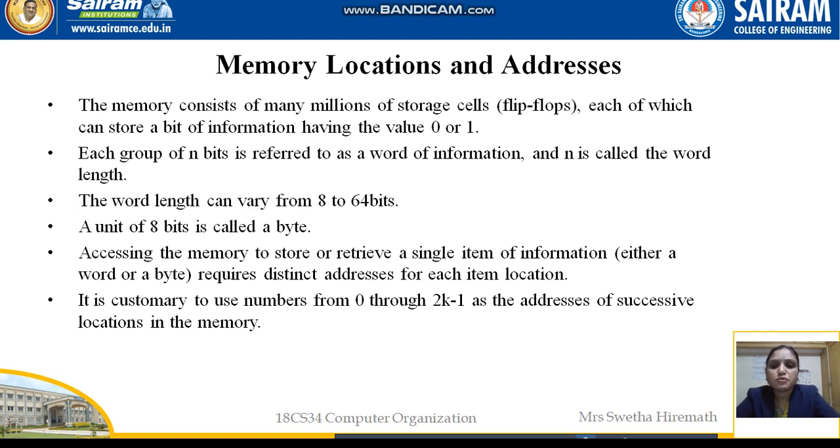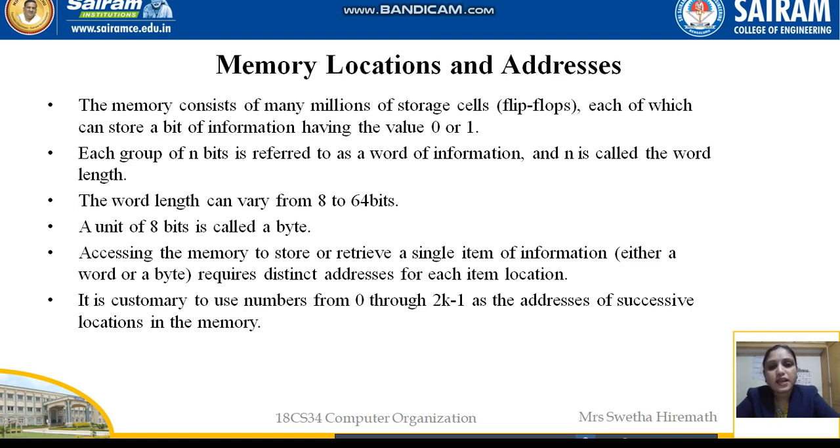Accessing the memory to store or retrieve a single item of information, either a word or a byte, requires distinct addresses for each item location. That is, if we want to access one word or one byte, we have to know the actual address of that location.